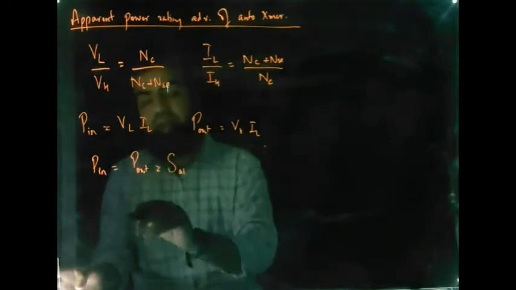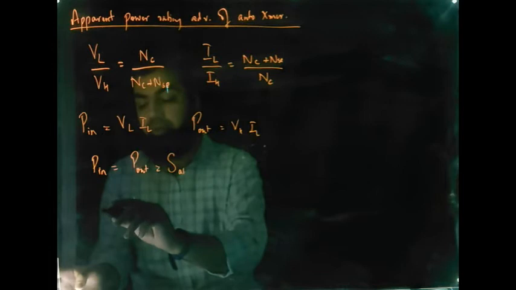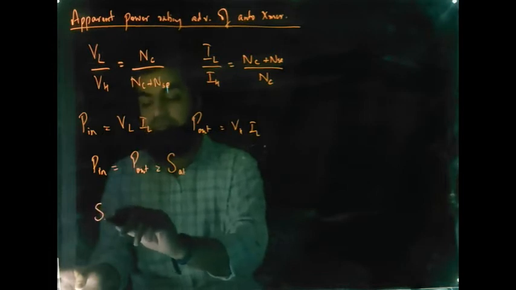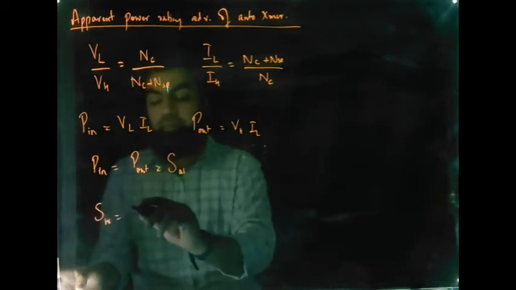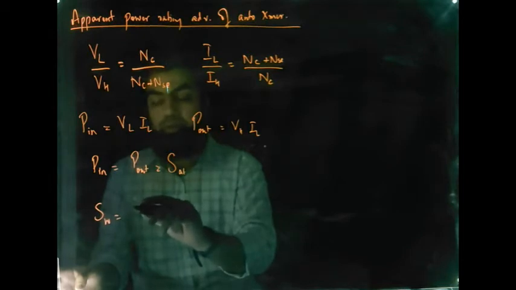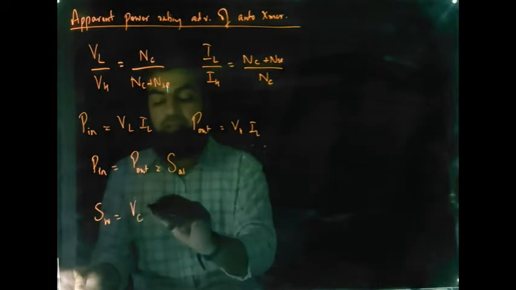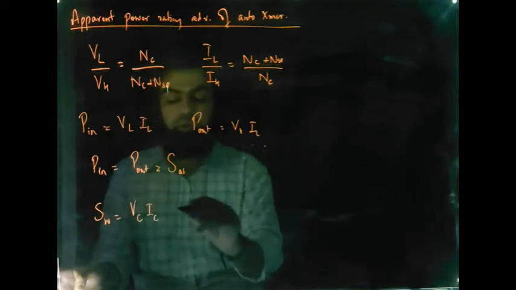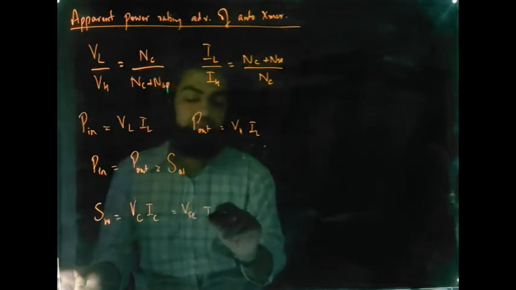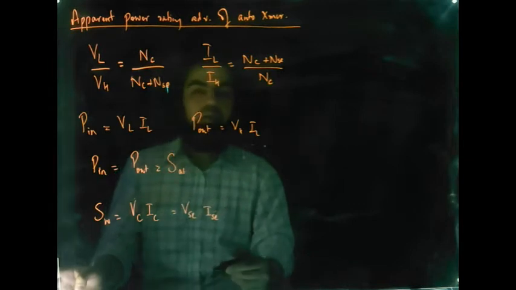Now, if you look at the winding rating, SW, it is equal to, you can say, it is VC IC, or you have VSC ISC.